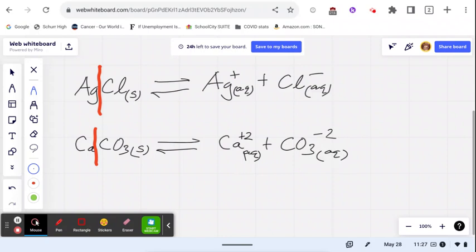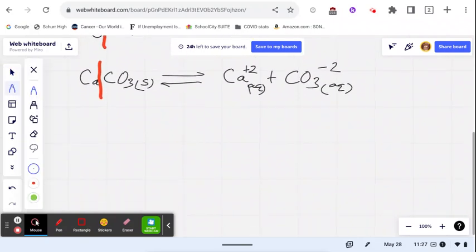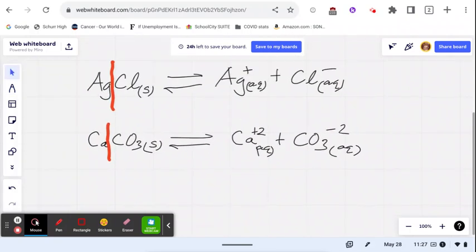Now you've got to be careful because some of these do get a little tricky, in the sense that some of them don't break up into exactly two things. The first one we had was silver chloride, just two elements, silver ion and chloride ion.